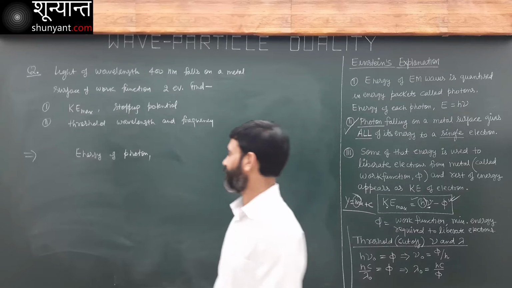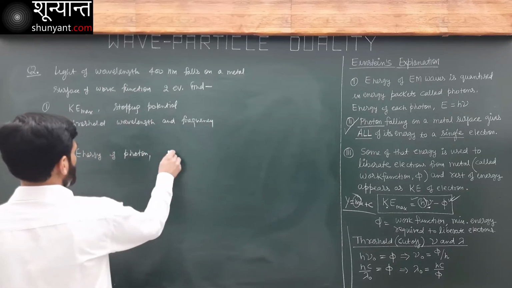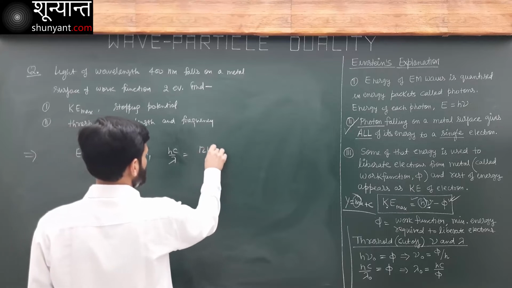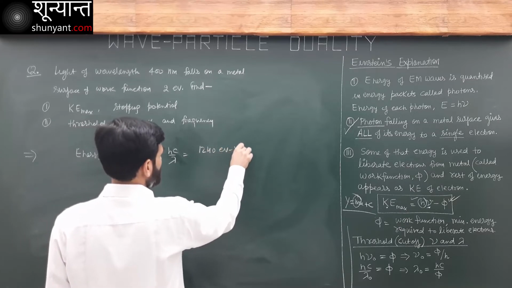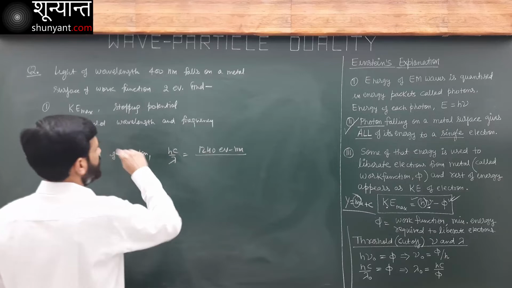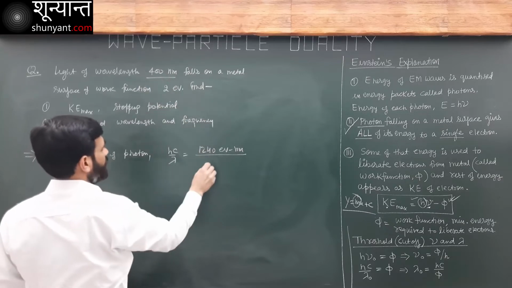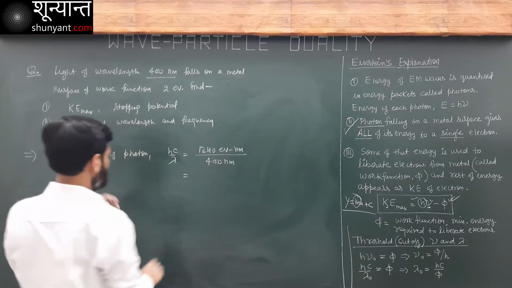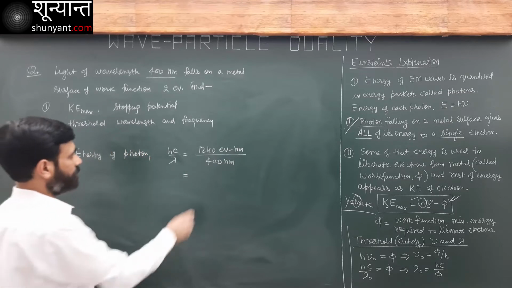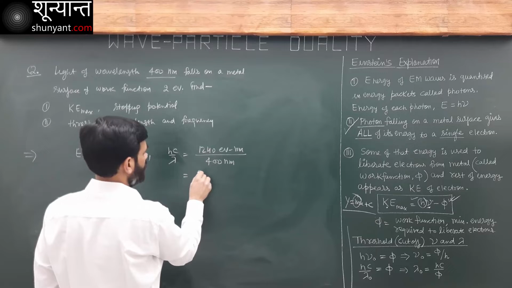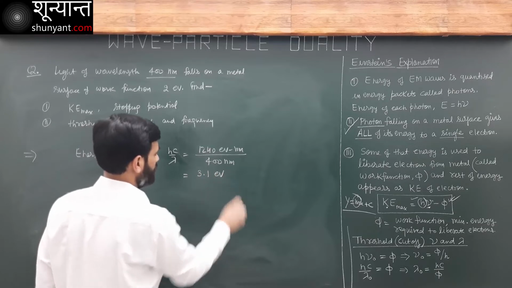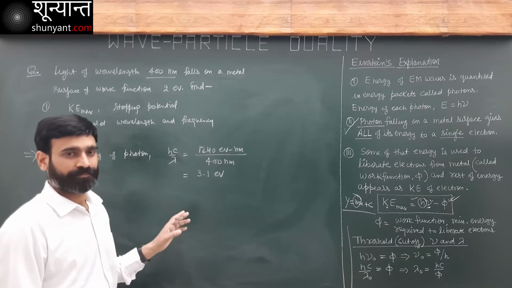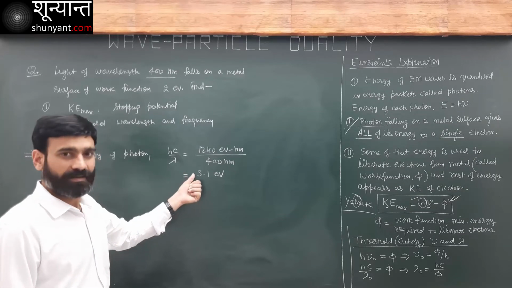Energy of photon, hc over lambda, is equal to 1240 electron volt nanometer over 400 nanometer. What does it become? It becomes 3.1 electron volt. This is the energy of the photon.